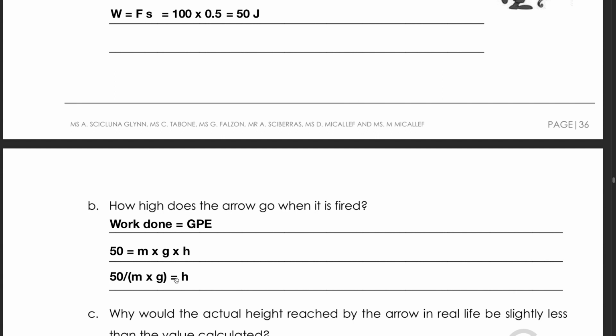Once again, let me remind you to place m and g in a bracket. Putting in the values that we know, we get h equals 50 divided by 0.2 multiplied by 10, all of which will give us an answer of 25 meters. That is how high the arrow goes when it is fired vertically upwards.